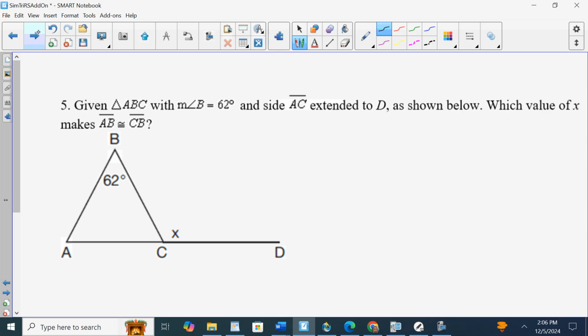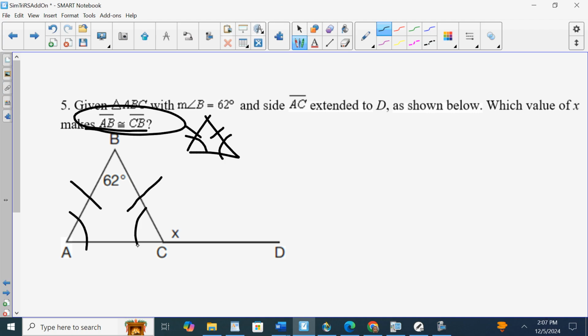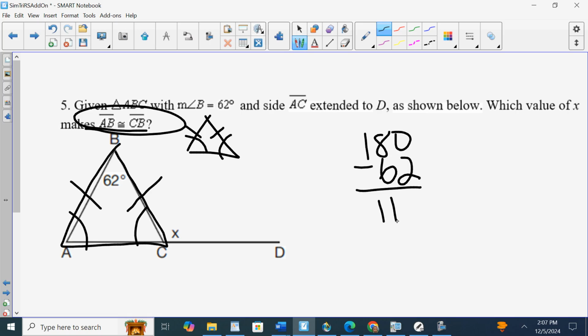Finally, our complex triangle problems. Whenever you see two sides congruent, you mark the sides, you mark the angles opposite them. A, B, C, B. A and C must be congruent as well. From there, I look for linear pairs. I look for the angles of a triangle. I have an angle of a triangle, and the other two are congruent, so I subtract from 180.